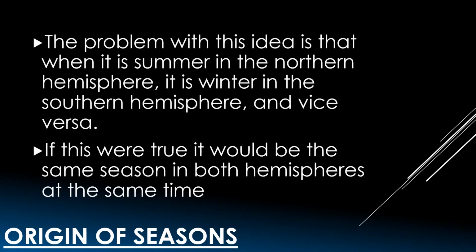So the problem with this idea is that when it's summer in the Northern Hemisphere, it's winter in the Southern Hemisphere. They're exact opposites. So if it were true that the seasons were caused by the proximity or closeness to the Sun during different parts of our revolution and orbit, then both hemispheres would be experiencing the same seasons at the same time.